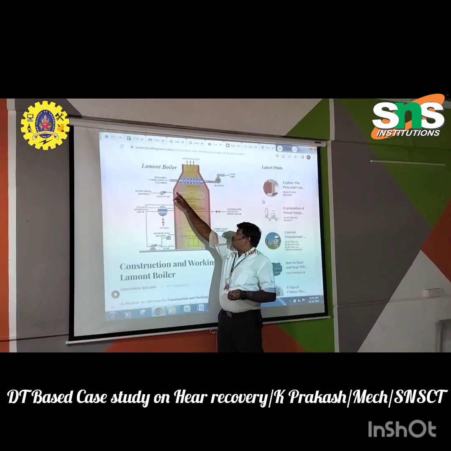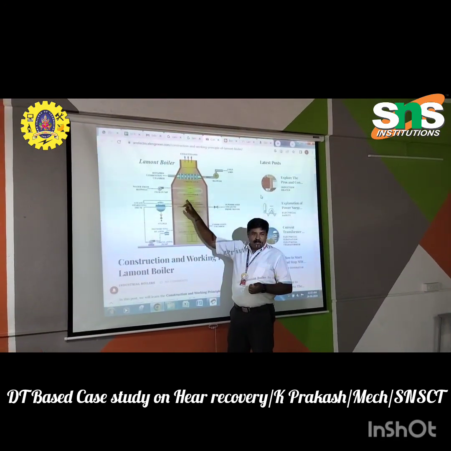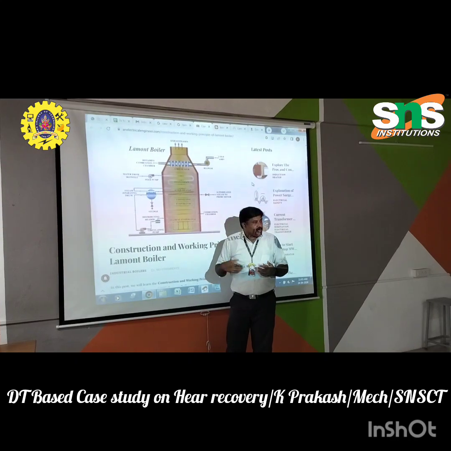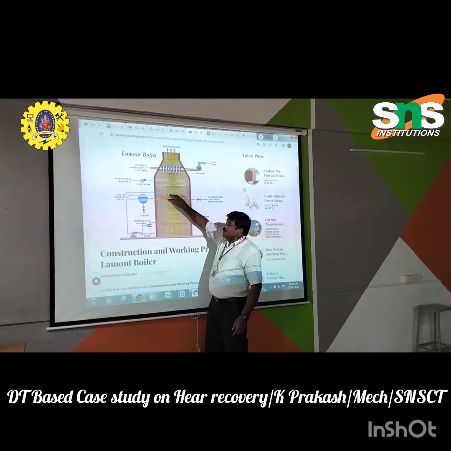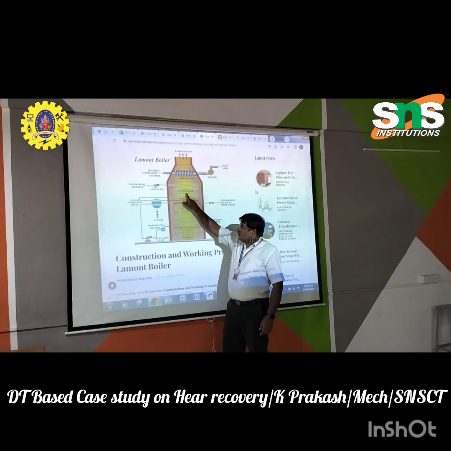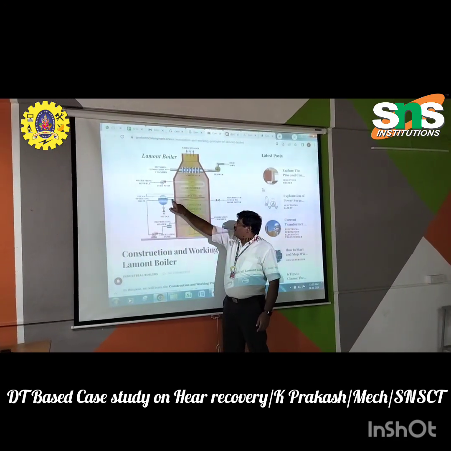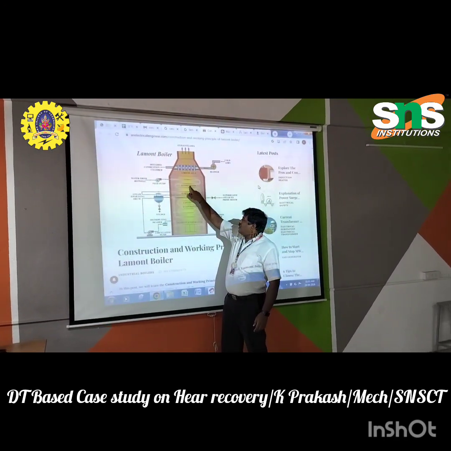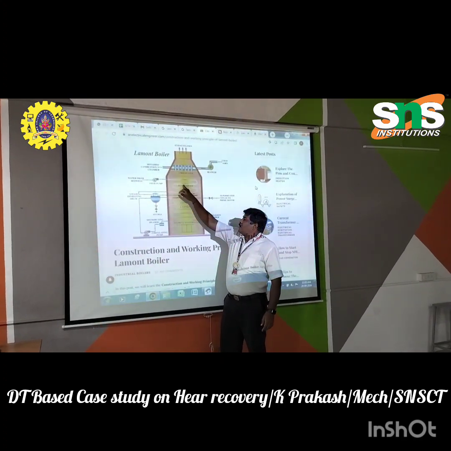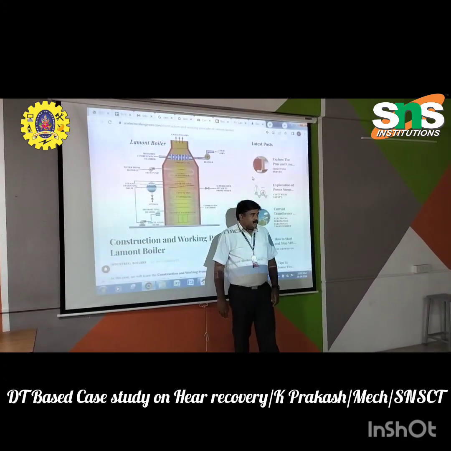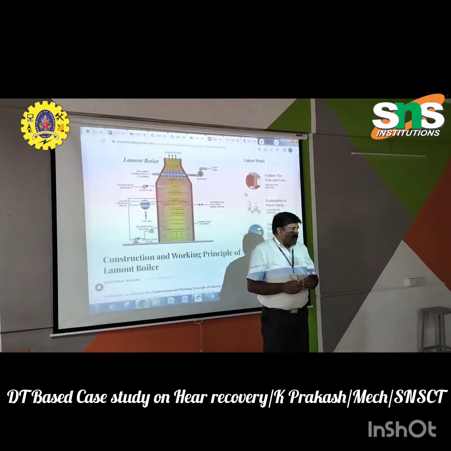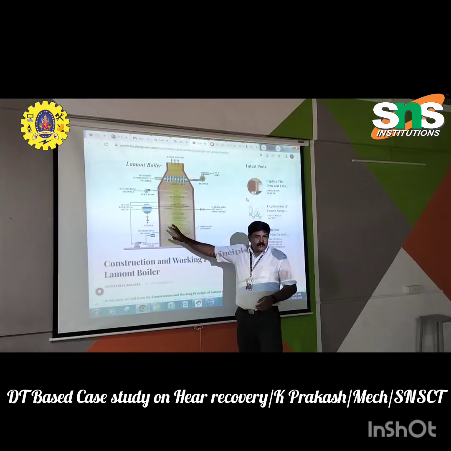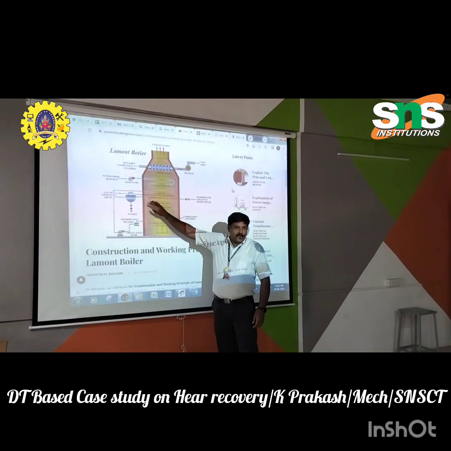If you preheat the water, we can raise it from 28 degrees Celsius to some 70 or 80 degrees Celsius with the waste heat which is going outside. The part that heats the water this way is called the economizer. So of the 35% of heat wasted, we are using some 15 to 20% here.